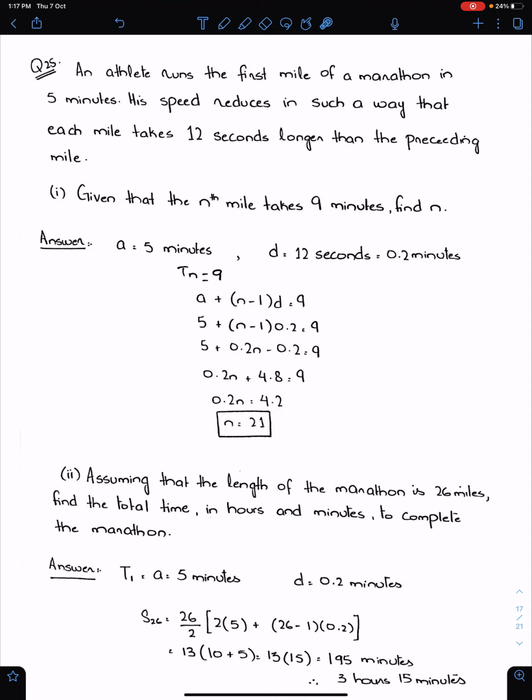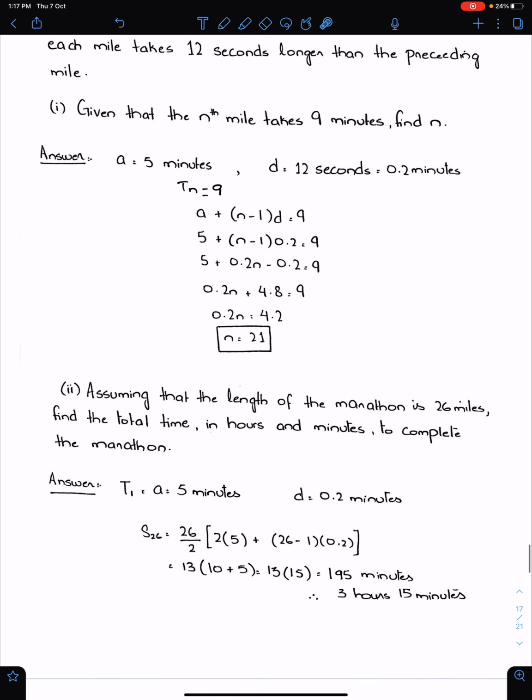Second part. Assuming that the length of the marathon is 26 miles, this means n is 26. Find the total time, meaning S26. So we need S26. We have D, we have A, we can easily find S26 with the help of the Sn formula. This is in minutes.